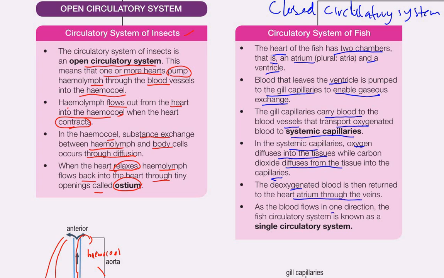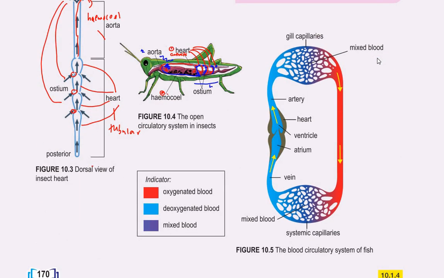As the blood flows in one direction, the fish circulatory system is known as a single circulatory system, or you can make it more specific, single closed circulatory system. So let us take a look at the diagram here. Here you can see different indicators for blood.